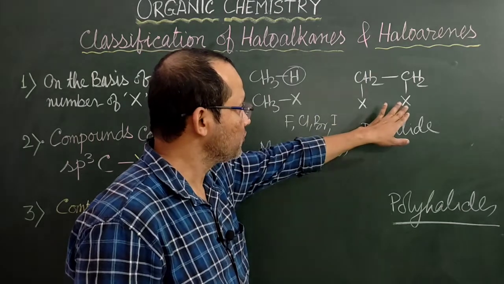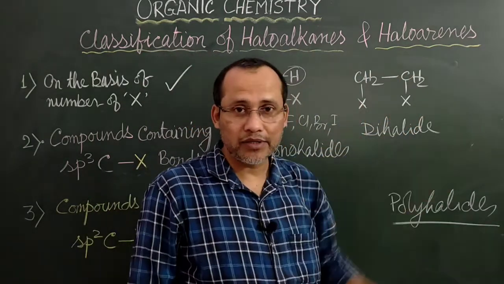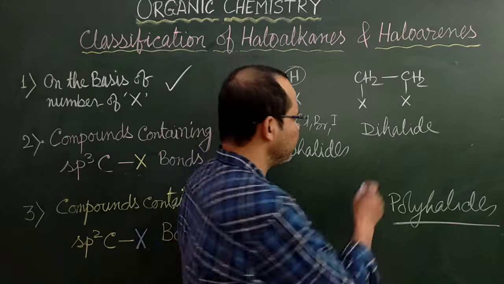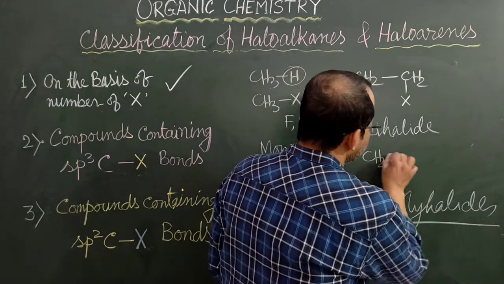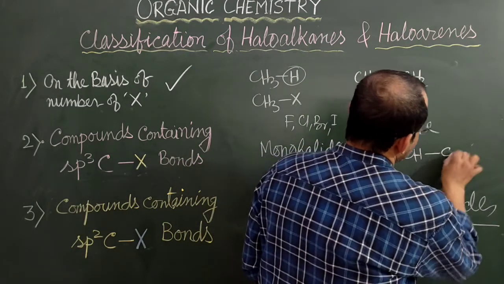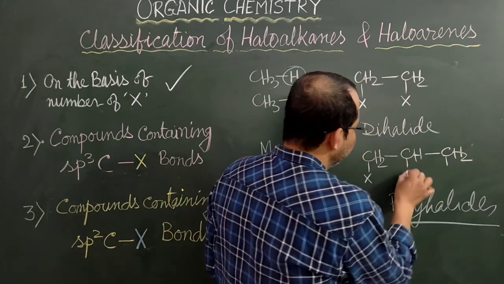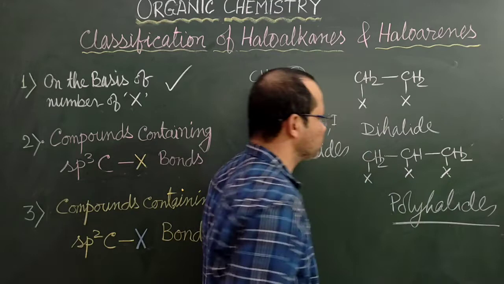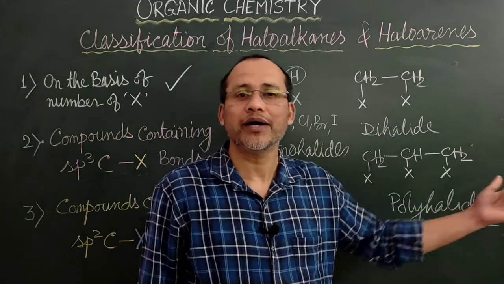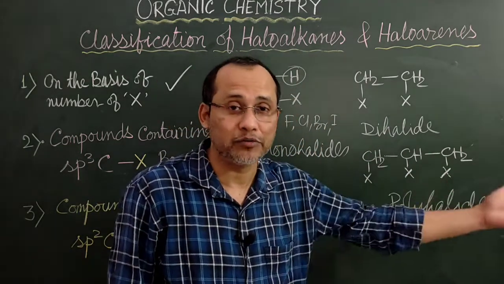Now if it is so, then in any compound three halogens may also be there. Let me show one example, CH2, CH, CH2, and in each and every case we may have one halogen atom. Then it will produce one compound containing three halogen atoms.